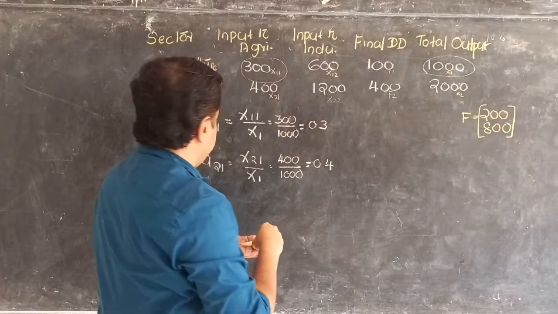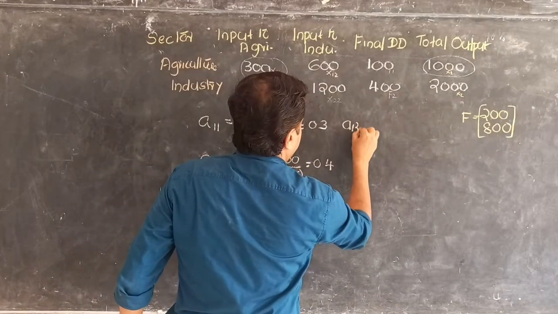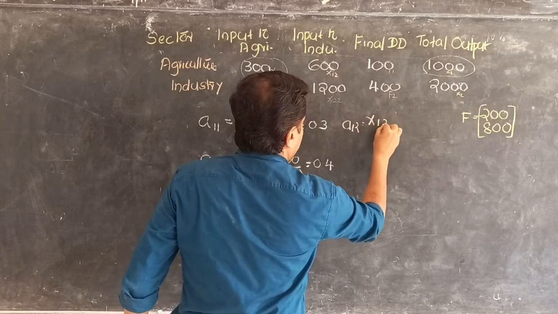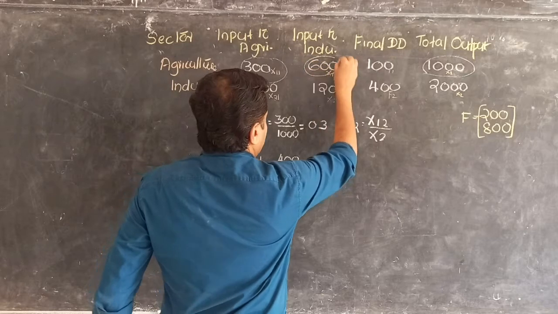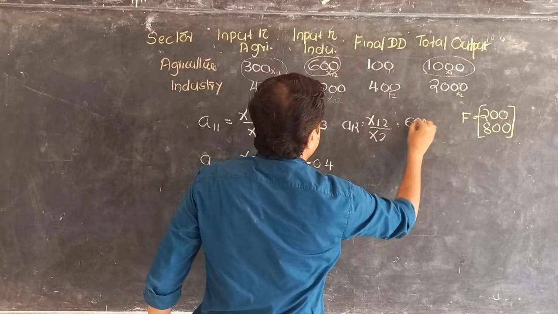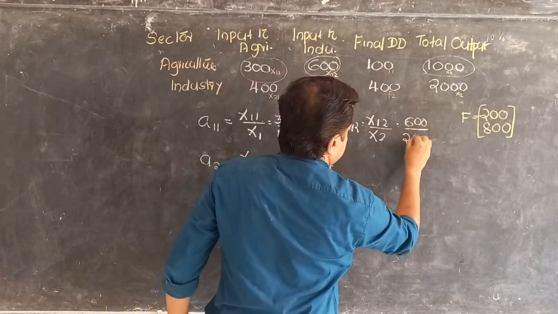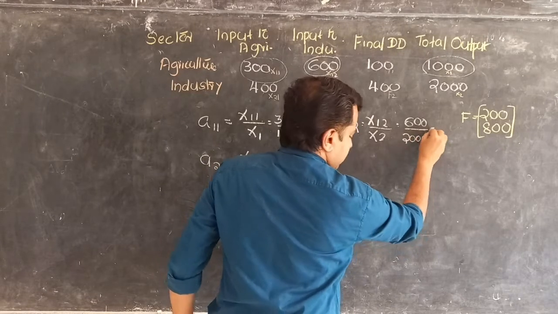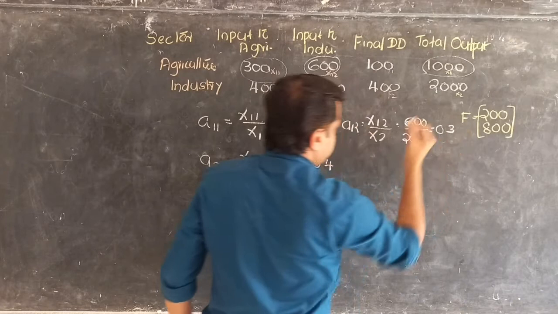Now I need to calculate A12. A12 will be equal to x12 by x2, which is 600 divided by 2000, which is 0.3 again.